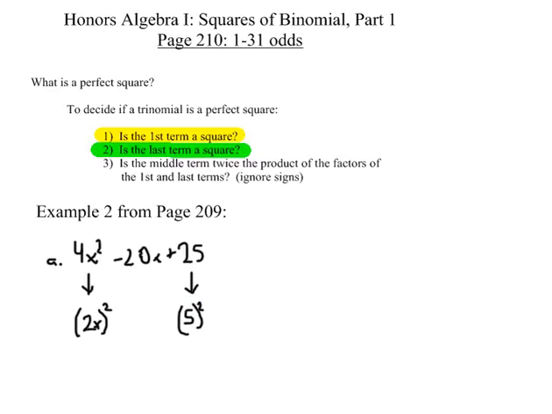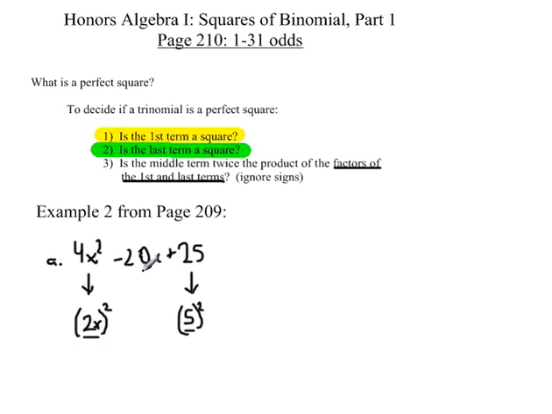Now here is the deciding factor. Is the middle term twice the product of the factors of the first and last terms? And that's where it gets a little complicated. Here are your factors. The factors are 2x and 5. That's what it means by the product of the factors of the first and last terms.